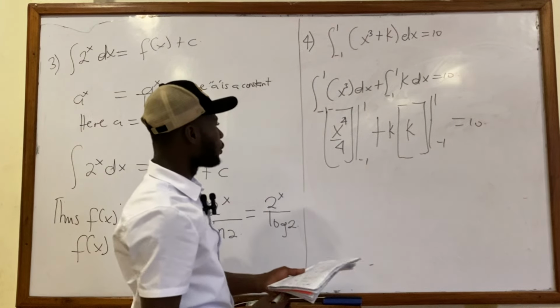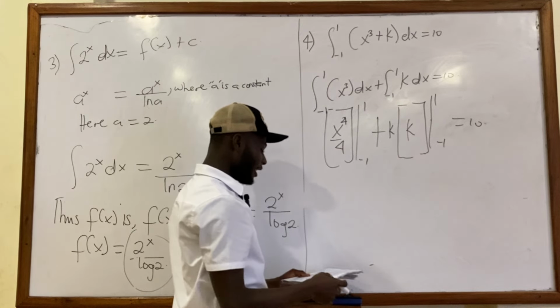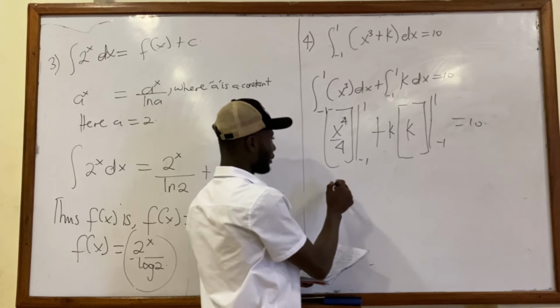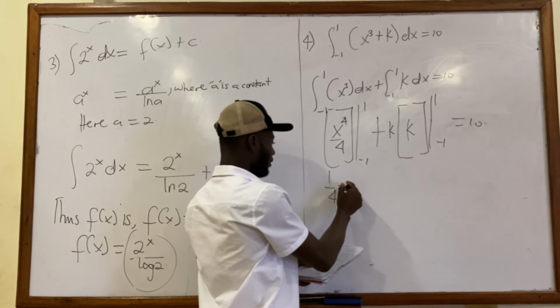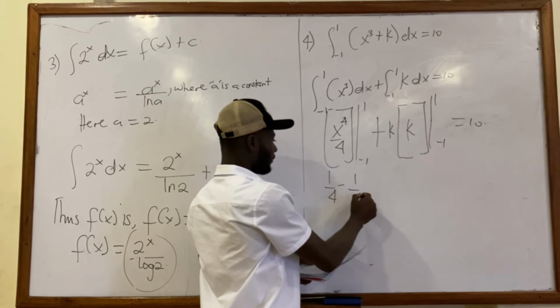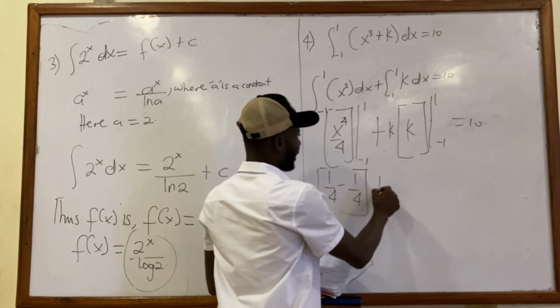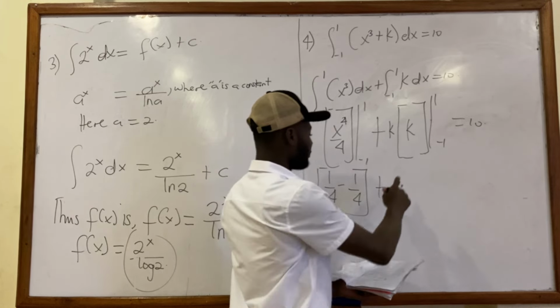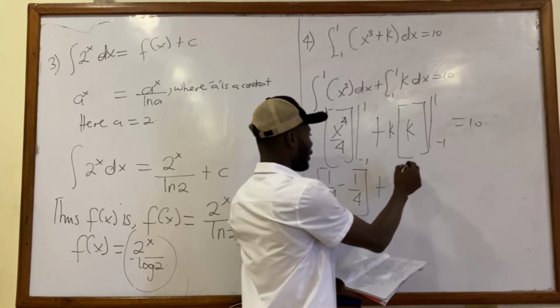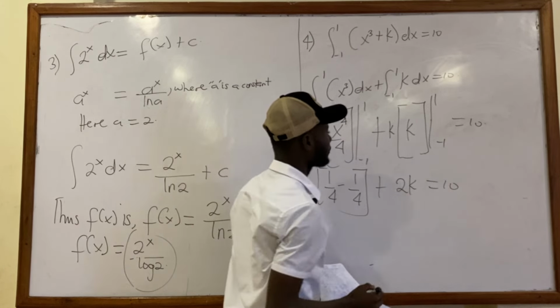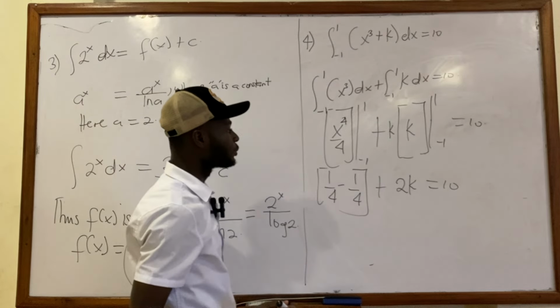All right. So here, when you simplify this, you are going to have 1 over 4 minus 1 over 4, right? Plus, when you simplify this as well, you are going to have 2k equals 10.